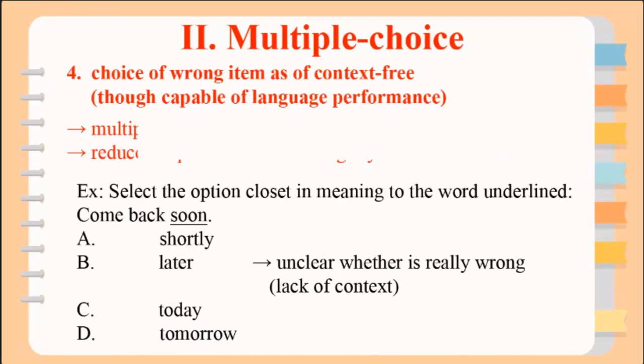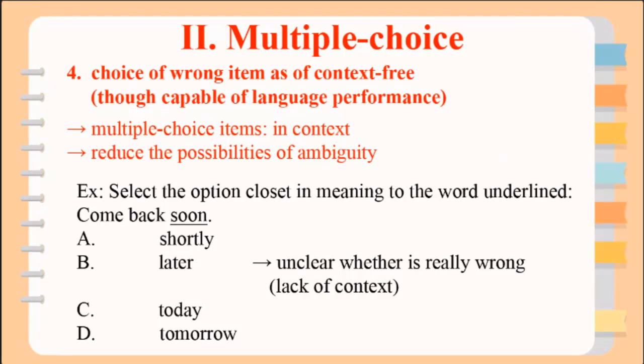Next one. For this example, we see that because of a lack of context, "soon" and "shortly" are both possible, but "later" may be another choice for the test taker who is unclear whether it is really wrong or not. In this case, it is called choice of a wrong item as a conflict.